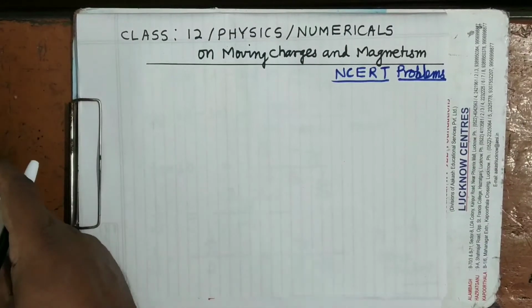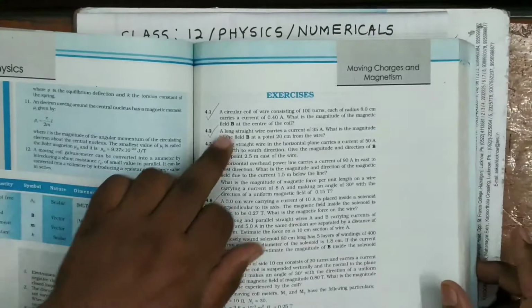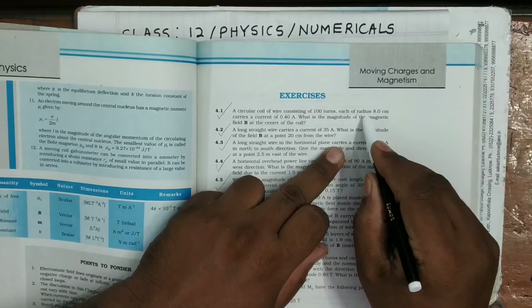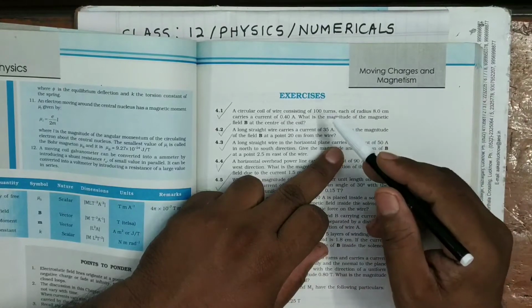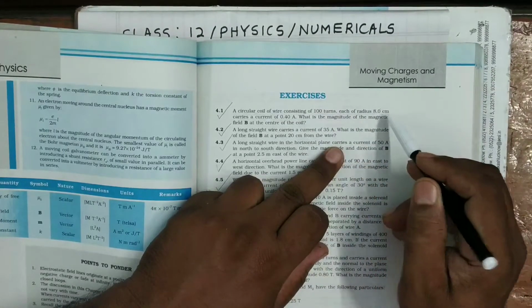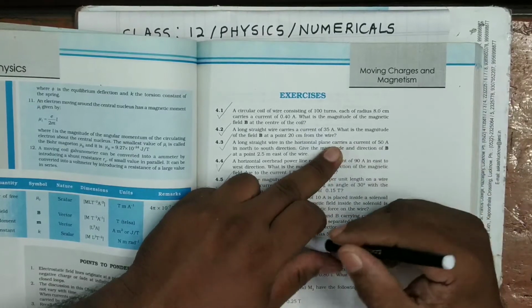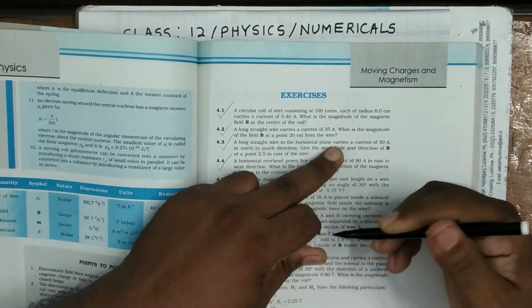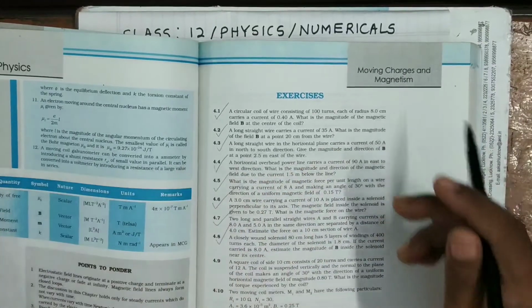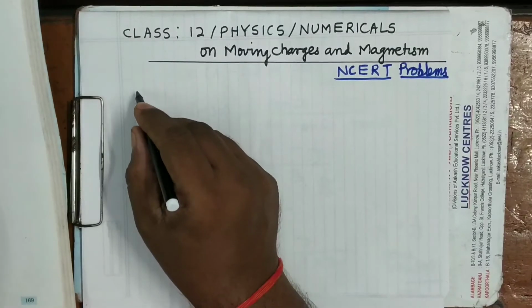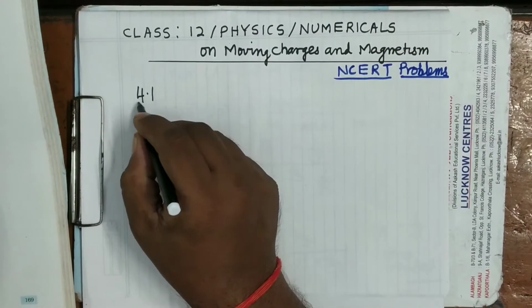The first question is, a circular coil of wire consisting of 100 turns, each of radius 8 centimeter, carries a current of 0.4 ampere. What is the magnetic field B at the center of the coil? This question is very simple.